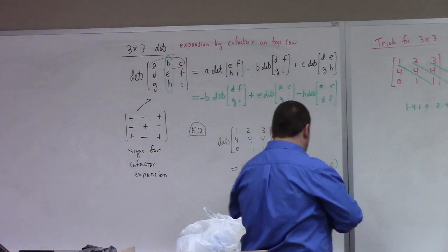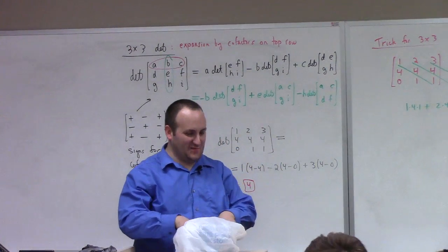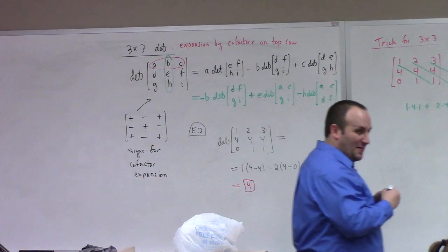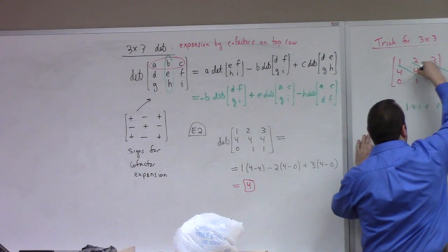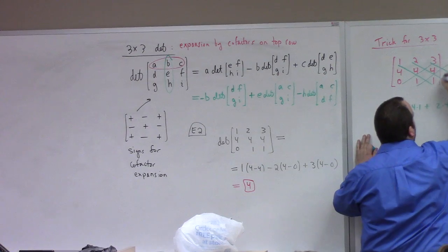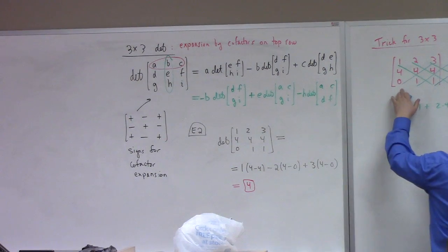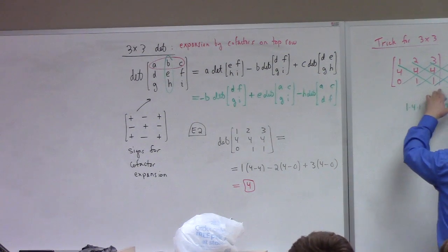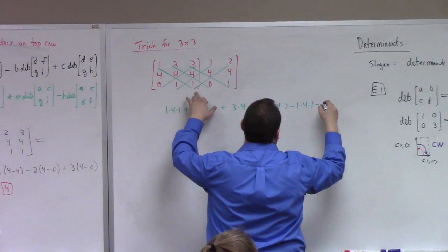I mean, this is some stupid trick. This is the danger with me and tricks, I don't really believe in them, so I don't remember them. But this helps people, so I'm showing you. This one, this one, and you gotta be careful with that. Those are subtractions. Minus 0 times 4 times 3, minus 1 times 4 times 1, minus 1 times 4 times 2.